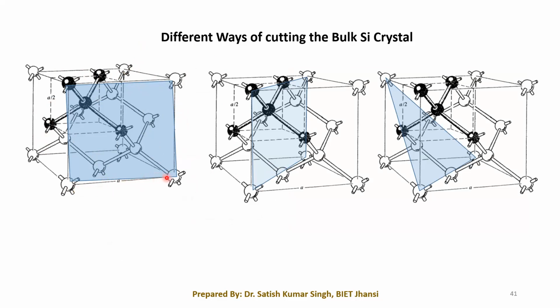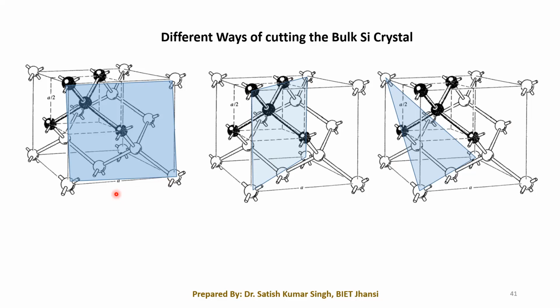The lattice constant of silicon is of the order of some angstrom, 10 to the power minus 10. It is a very small thing, so you cannot compare it with the bulk material.